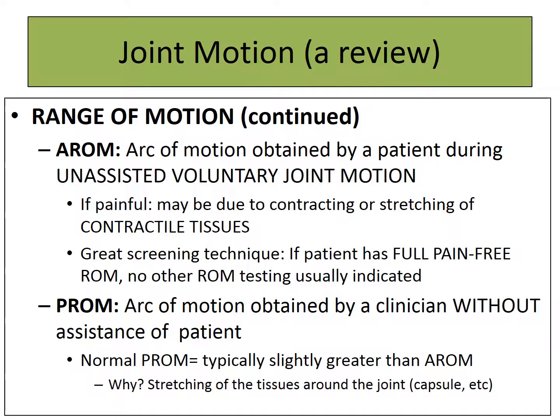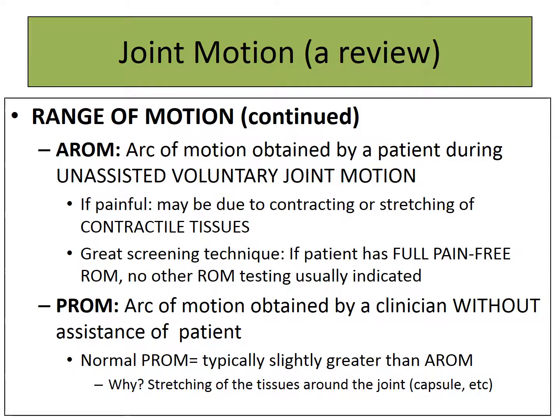It's also important sometimes though to do both active and passive. Say for example, you are measuring range of motion of the hip and it is painful and the patient is stopping and it is due to pain. You can then measure it passively, and if there is no pain, then you know that it is contractile tissue which is causing the problem, so muscle or tendon.